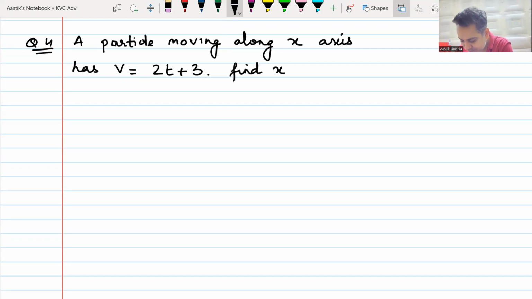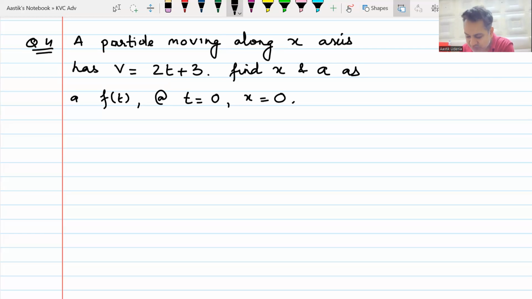Find x and a as a function of time. At t is equal to 0, x is equal to 0. Do we understand the question, everyone?